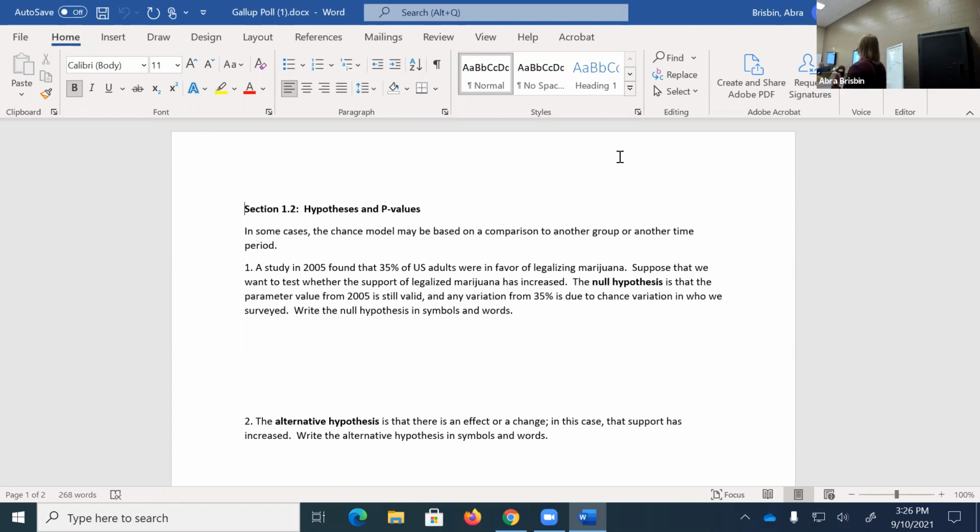Here, it's a little more complicated because we're dealing with two different years. We've got the setup from 2005, and we want to test whether 2016 is different, whether things have changed compared to 2005.